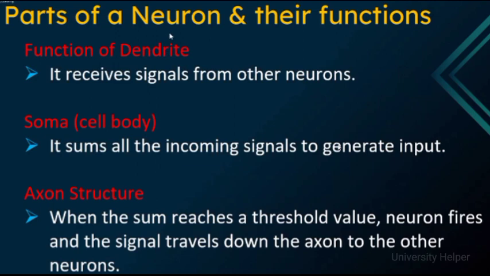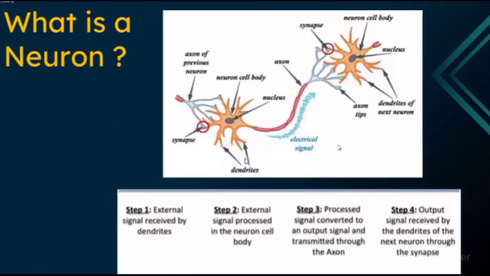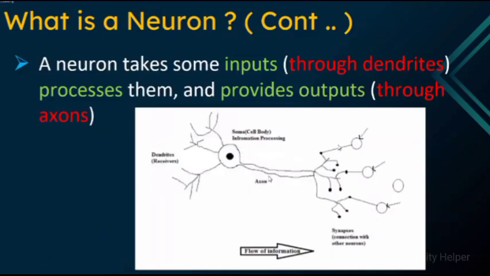What is the function of the dendrite in the human biological nervous system? What is the use of the dendrite? They are tree-like branches, as we already saw in the picture, responsible for receiving data or information from other neurons. There's not a single neuron; there are multiple neurons. In my picture of a typical neuron, it is connected to another neuron.